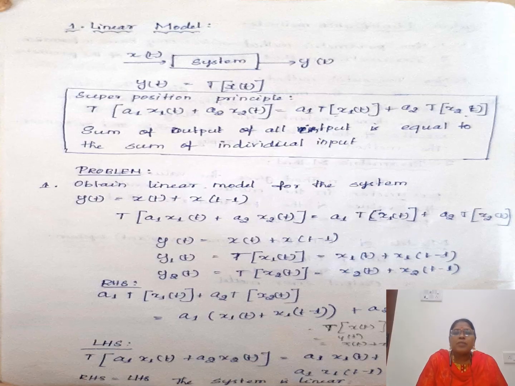The superposition principle says that the output of the sum of all inputs is equal to the sum of the outputs of the individual inputs. We find the outputs of the individual inputs and take the sum, which is equal to the overall output. This we call the linear model.